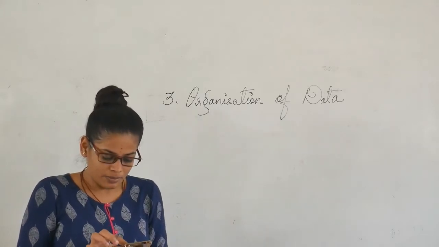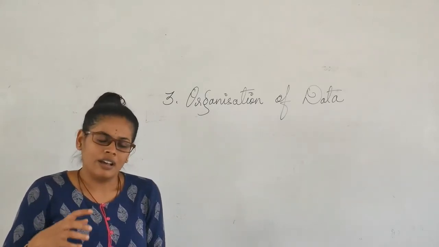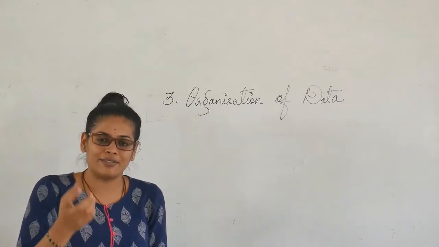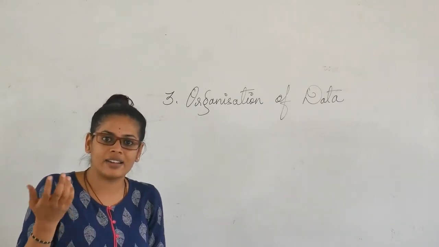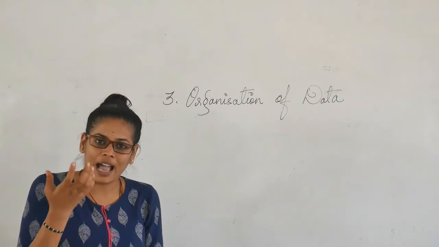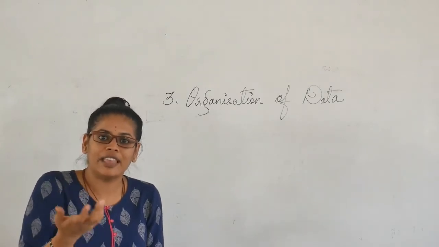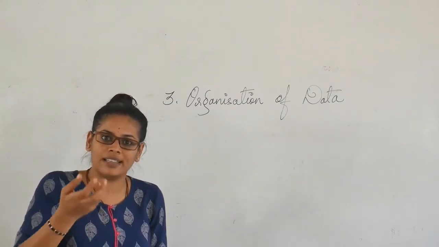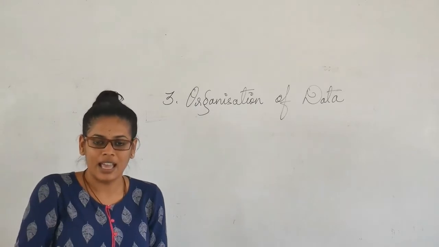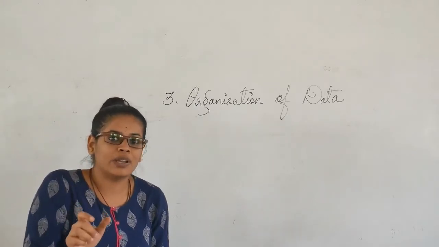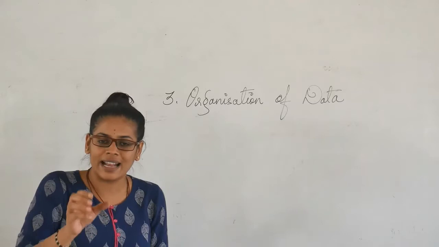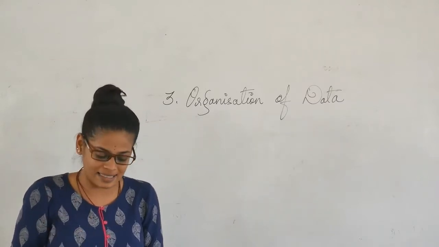Before we decide the class limits, what we have in our hand is the raw data. With that raw data, we need to understand the variables first, and then it becomes very easy for us to decide what the class limit should be.